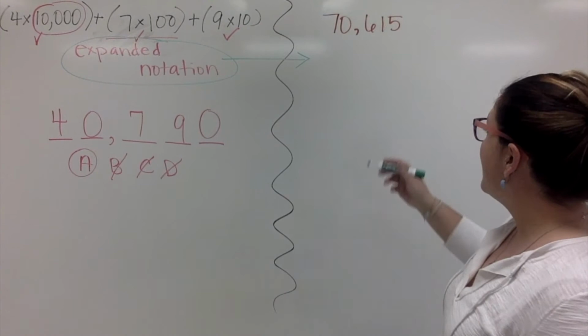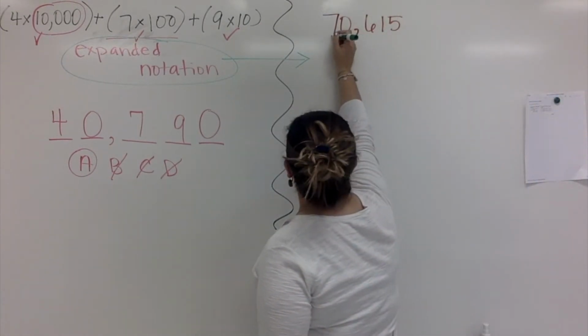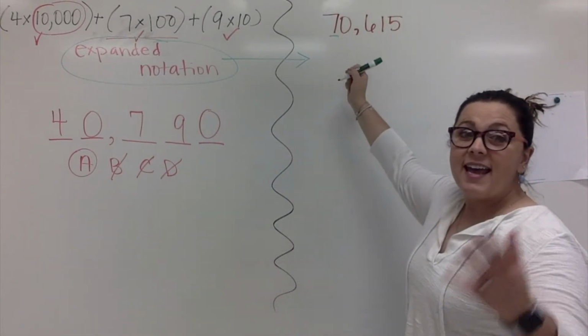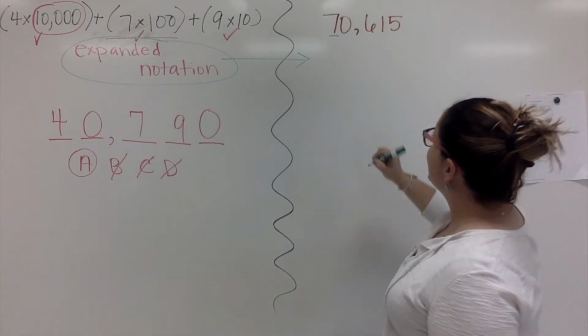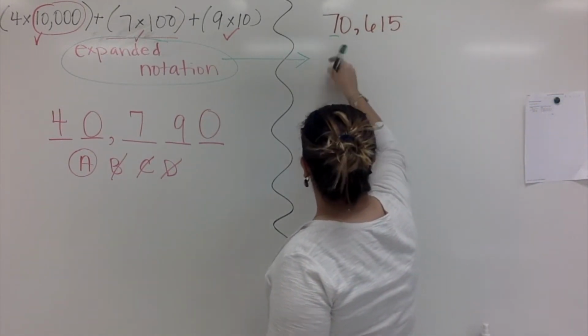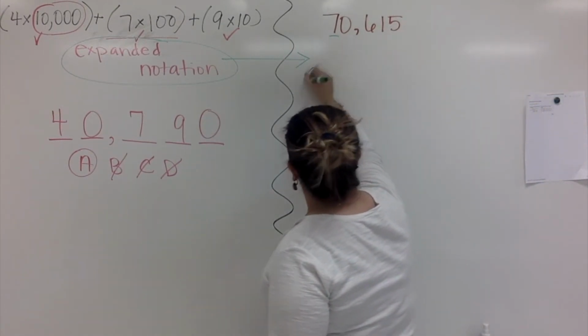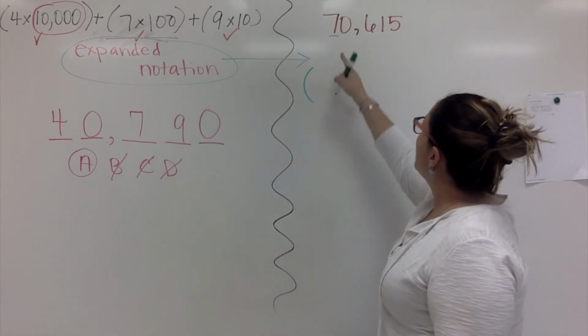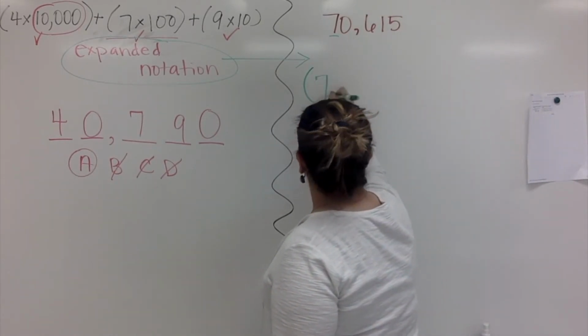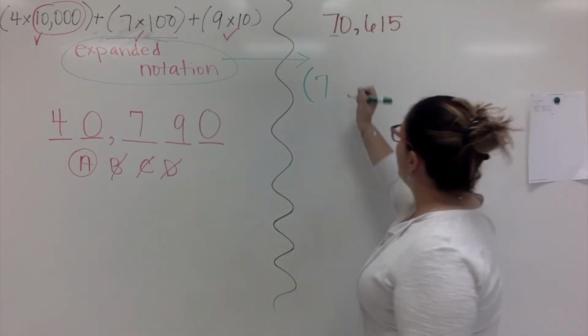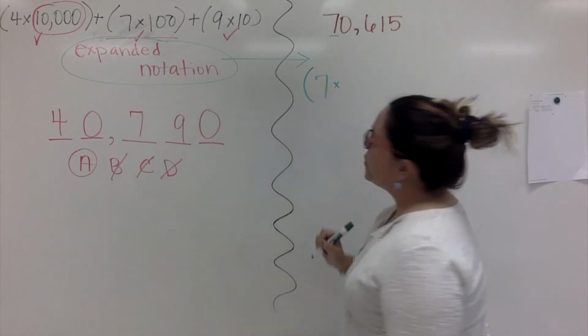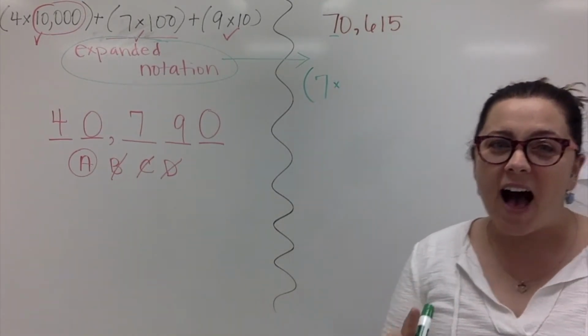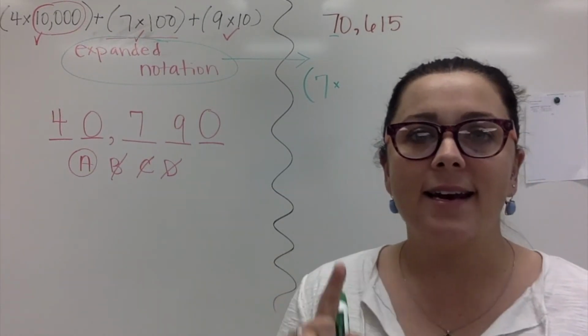So let's look at this. Again, we start with the largest digit. In this case, our largest digit is a 7. So to start expanded notation, we have open parentheses, and we drop down the first digit, which is that 7. Remember, in expanded notation, we're multiplying the digit by the value of the place that it is in.